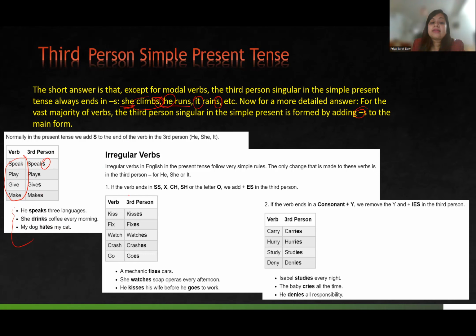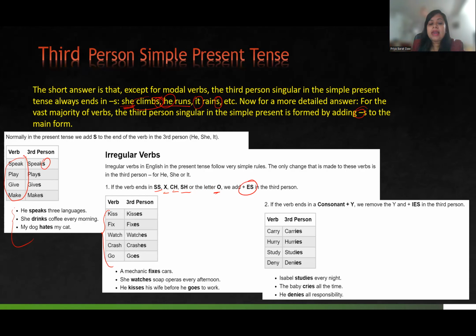Now, there are some irregular verbs. How can you find them? The verbs which end in ss, x, ch, sh, and o. Whenever we see these letters at the end of the word, we use es at the end, not only s.